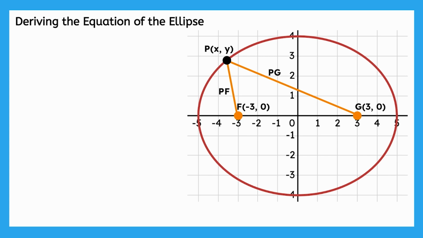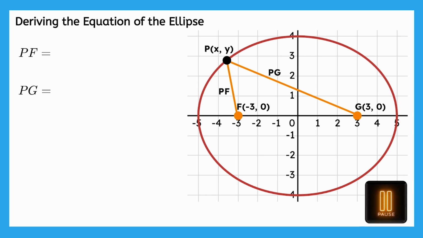Let's use this fact to find an equation for this ellipse. Let P be any point (x, y) on the ellipse with foci (-3, 0) and (3, 0). Using these coordinates and the distance formula, find expressions for the distances PF and PG. Pause the video now and work them out yourself in your guided notes.